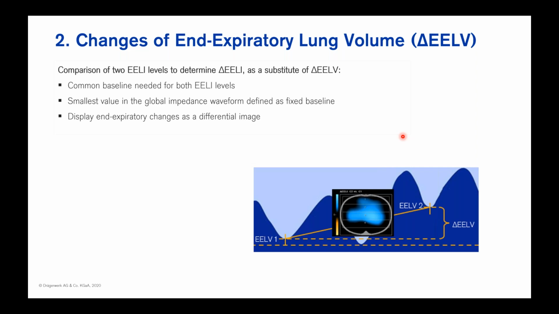When we increase the PEEP setting, we are increasing the force that keeps more air inside the lung, and that will always result in an increase of the end-expiratory lung impedance and the lung volume. And that is something that we also can detect and quantify non-invasively, even on a regional basis, with the use of electrical impedance tomography.